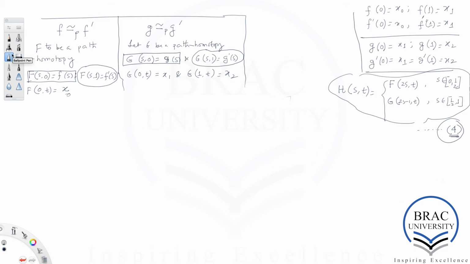So we have proved that (f star g)(s) is equal to H(s, 0), and we have shown that (f prime star g prime)(s) is equal to H(s, 1), from the table and equation number 4.